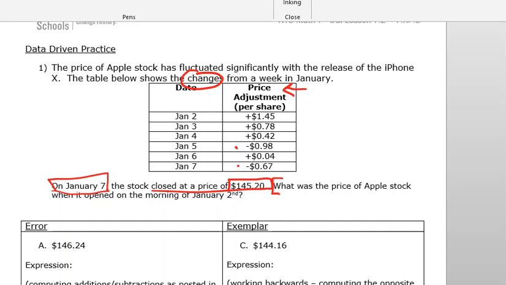What was the price of the Apple stock when it opened on the morning of January 2nd? Okay, so if I were to add a little thing here that said actual price, I've been given this. It is 145.2.